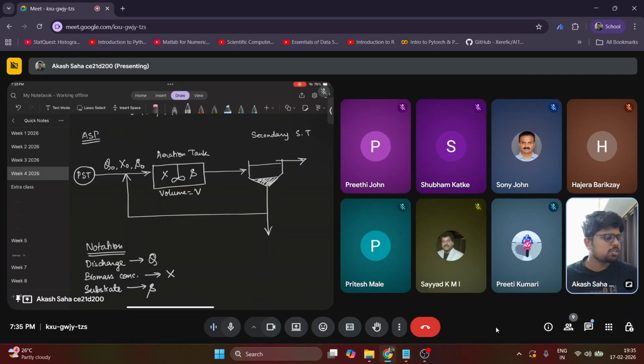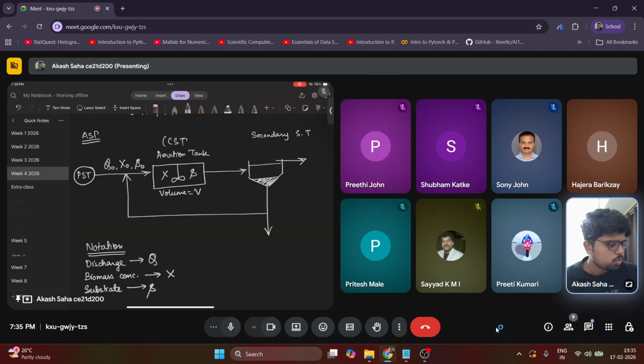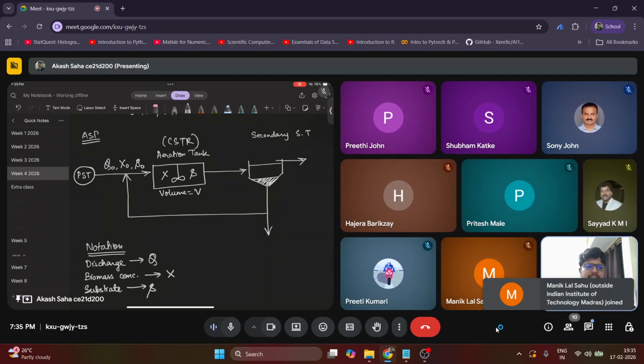Now one more question. In the first or the second class, we discussed various types of reactors, right? Batch reactor, CSTR, PFR. So what type of reactor is the aeration tank? CSTR. Yes, it's a CSTR. So one important assumption that we made in a CSTR is, suppose some influent concentration is coming, it is getting changed in the CSTR.